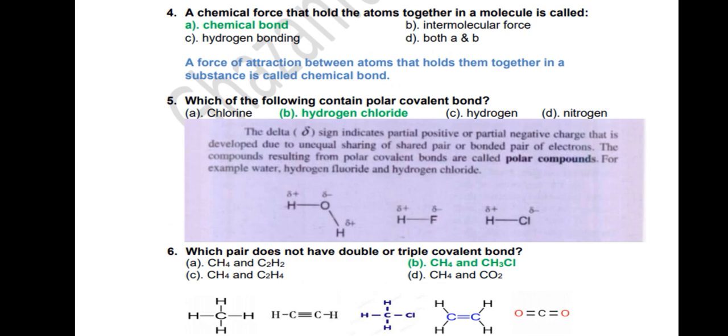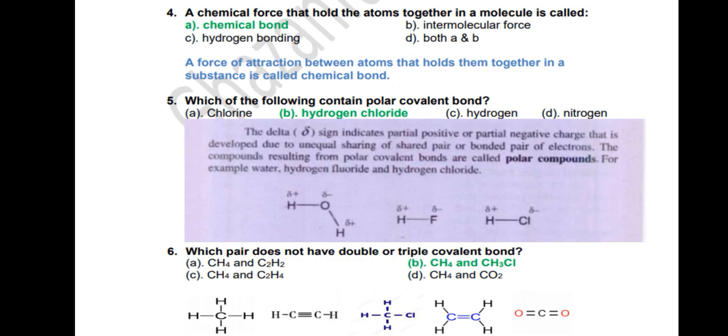There is a single bond or double bond or triple bond, it doesn't matter, because if the molecule consists of two similar atoms, there is no difference of electronegativity between the atoms, so it will be non-polar molecule. But when we are talking about the hydrogen chloride, it means there is a difference in the electronegativity of chlorine and hydrogen, so it will be a polar covalent bond. Option B will be correct.